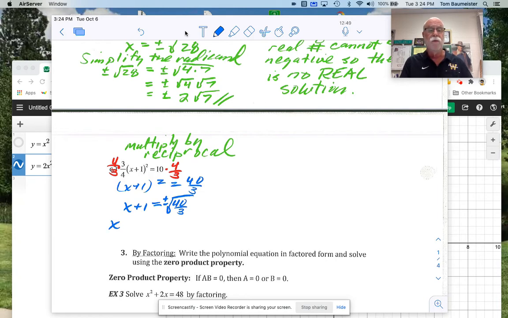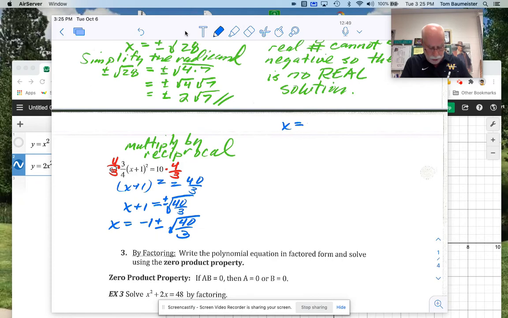I just have to subtract 1. So when I subtract 1, if I have a square root, I'm going to put it in front of it. So I'll have -1 plus or minus the square root of 40/3.